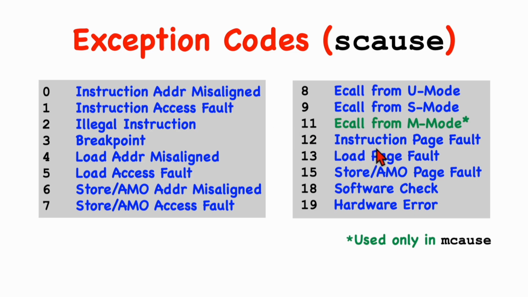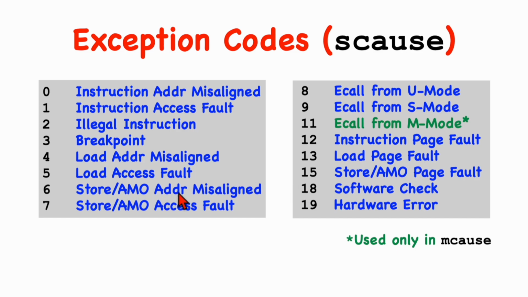And finally, if we're running in virtual mode, we might have a page fault when we try to fetch the instruction, so there's an exception code for that as well. And these same 3 fault types can happen for loads and stores as well. So for loads, it might be misaligned, or we might have a problem with the memory, or in virtual mode, we might have a load page fault.